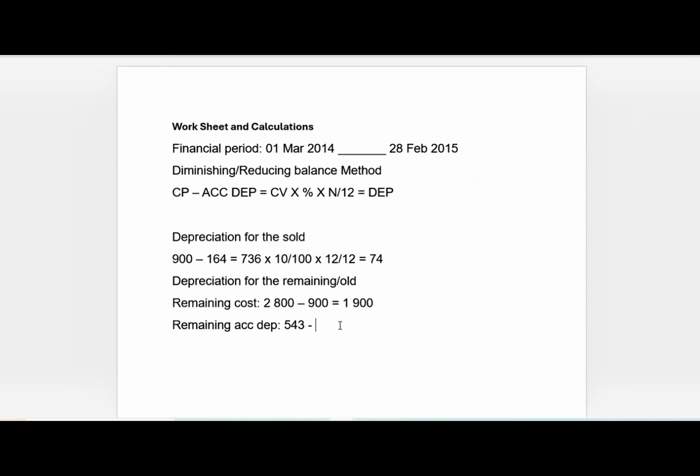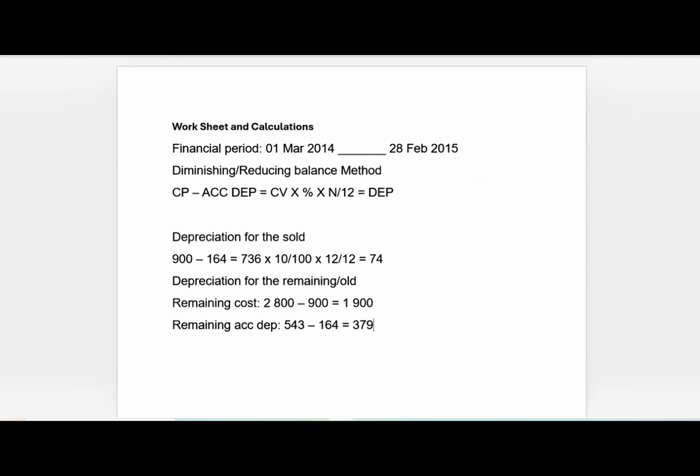Which is going to be 164. And then how much is the remaining depreciation? Let's put that on the calculator quickly. So it's going to be 543 minus 164. So I'm getting a remaining depreciation of 379.